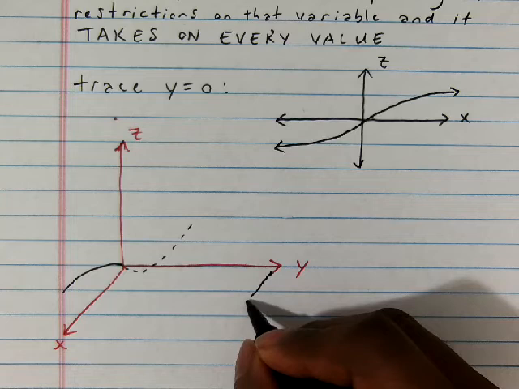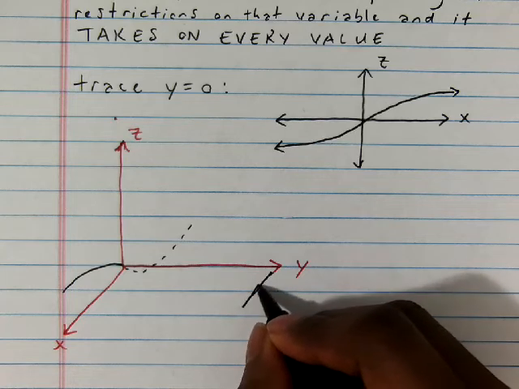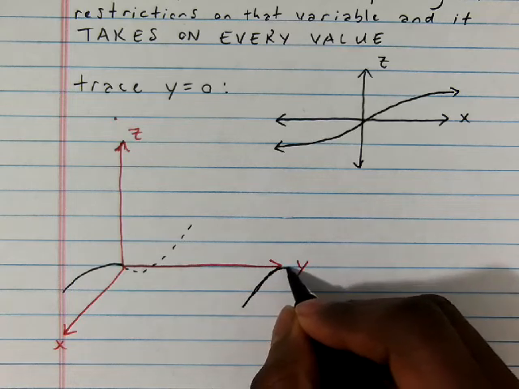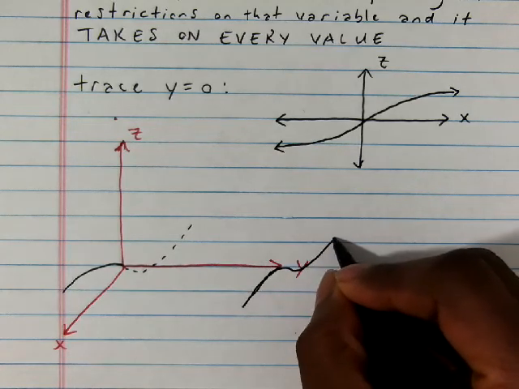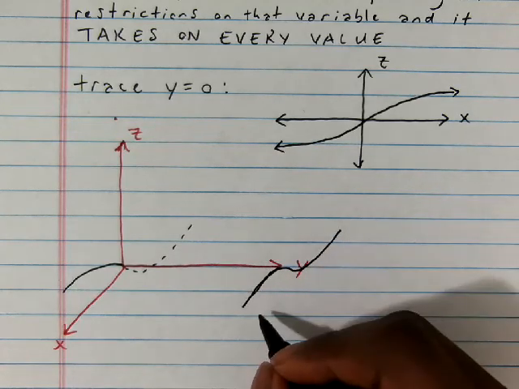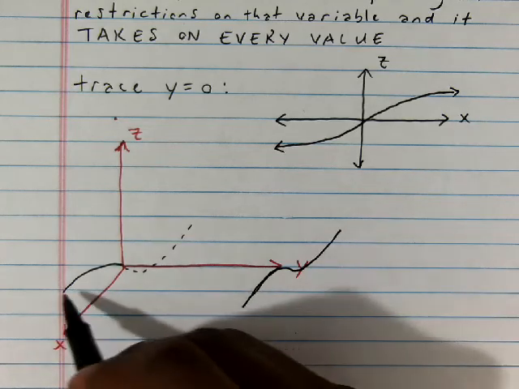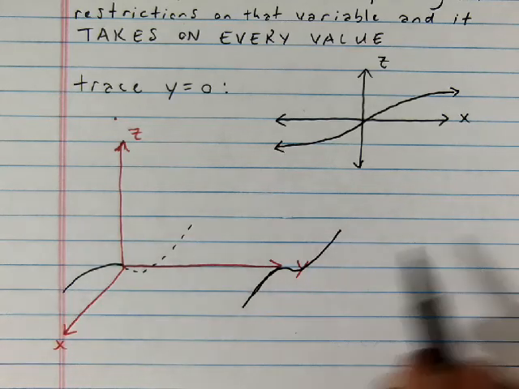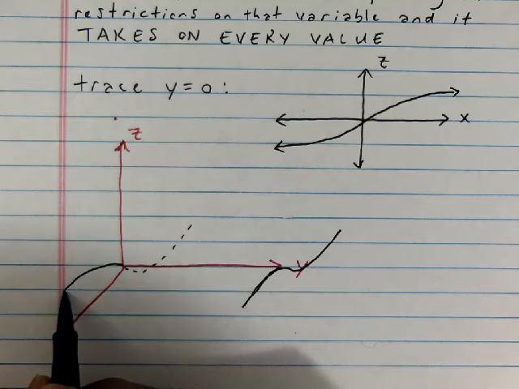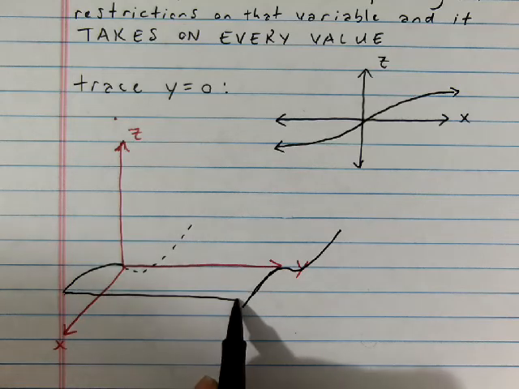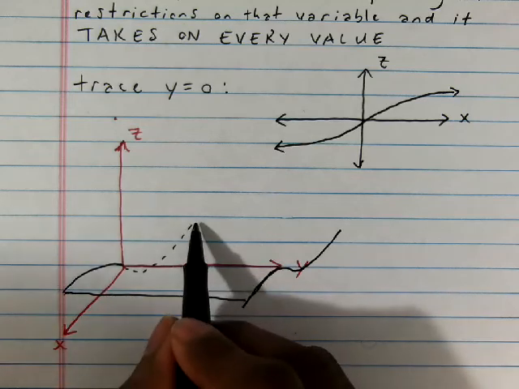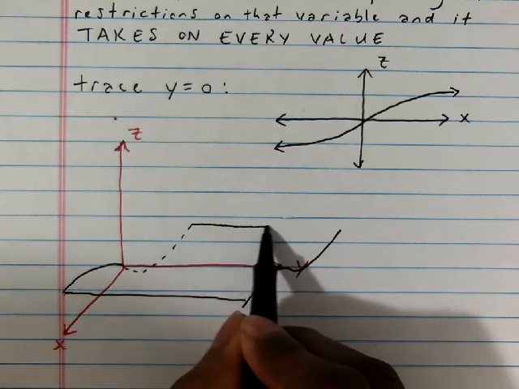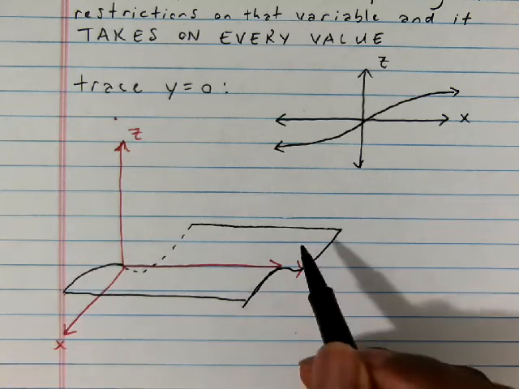Oops, I already messed it up. I kind of want them to look identical, and just that I slid it over. And now that I've done that, I'm just going to connect those 2, and connect those 2.